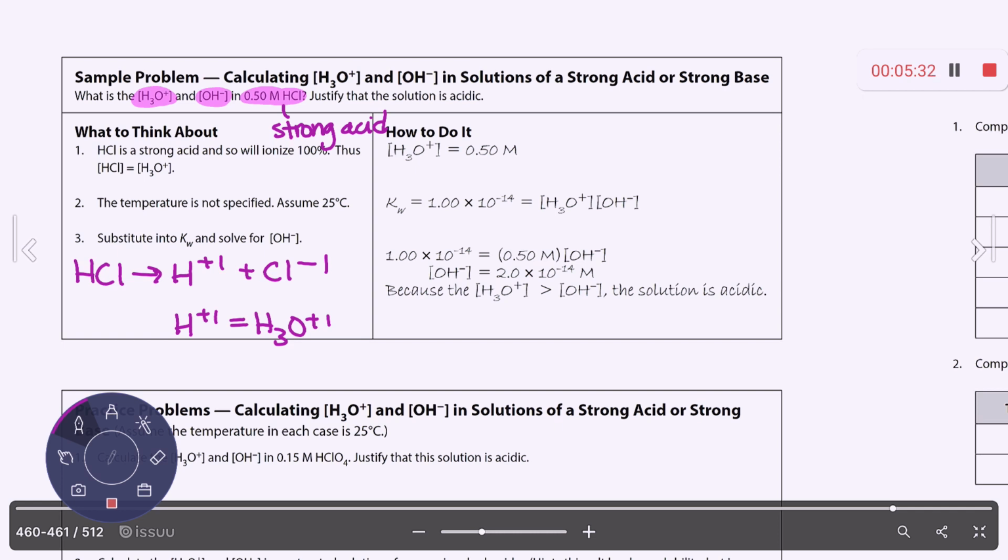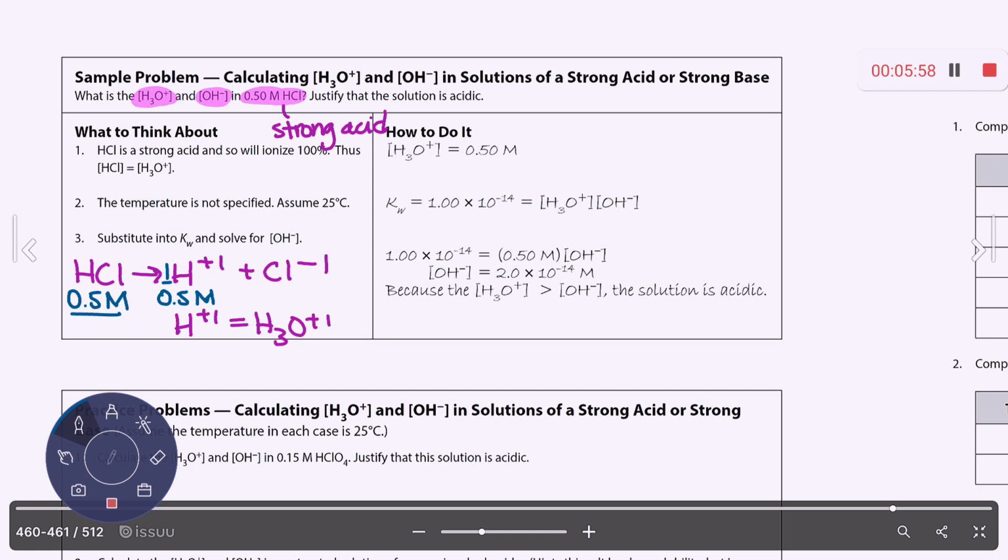Agreed? Okay, so if they tell us that we have a 0.5 molar HCl solution, can I calculate the hydrogen ion concentration from that? Yeah. Okay, so you look at the coefficient. I have one hydrogen ion. So 1 times 0.5 is what? 0.5. So the hydrogen ion concentration is 0.5.